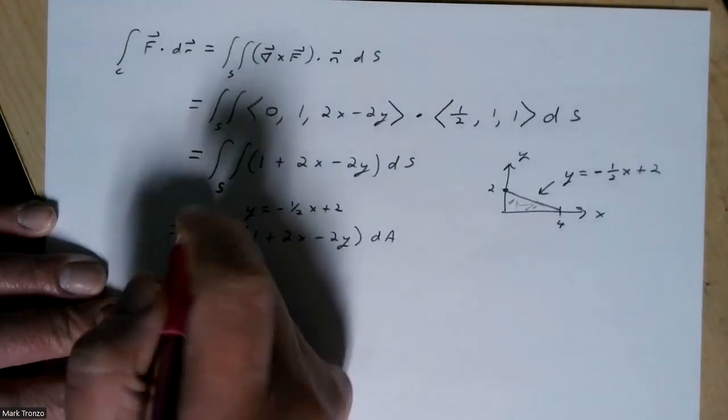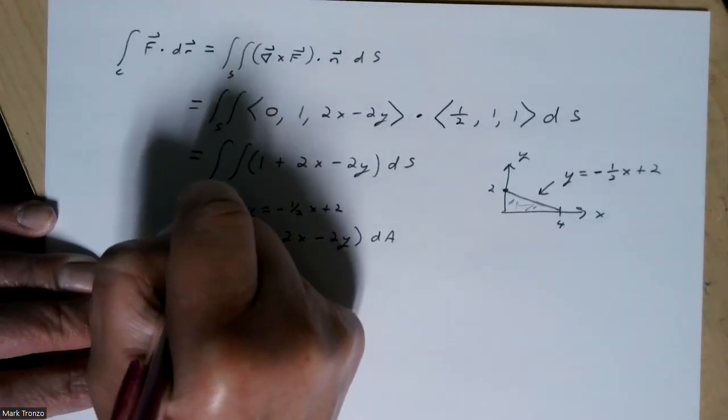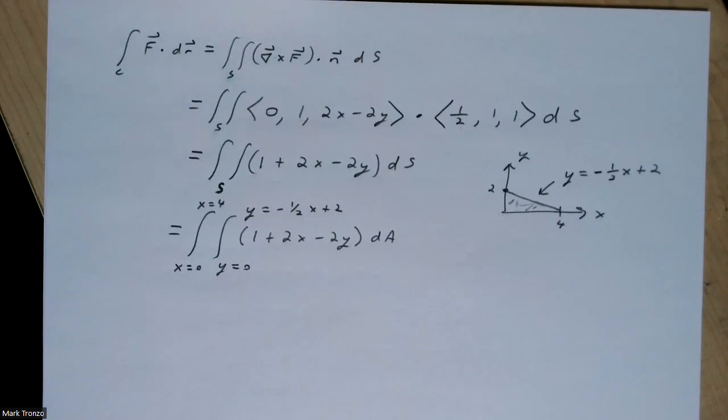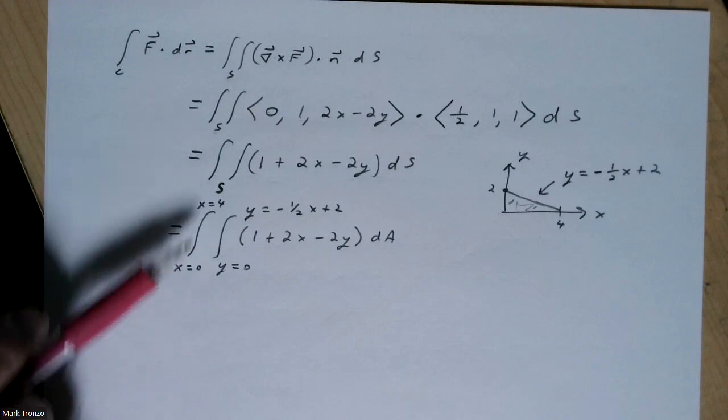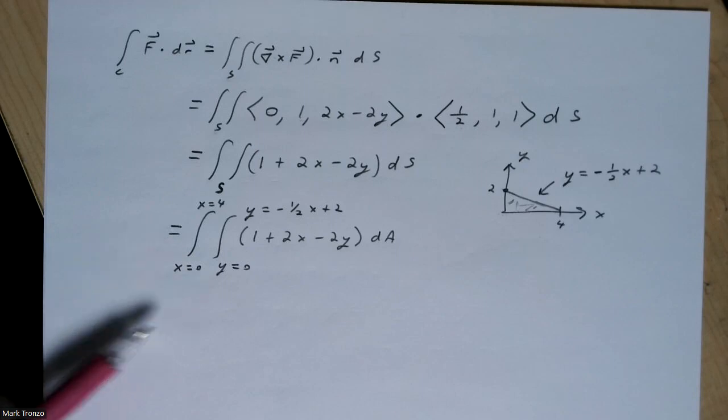Then the x bounds would go from 0 to 4, like that. And now the rest is just the mechanics of doing that double integral. So I'll stop right there because that's probably something you're able to do pretty easily now.